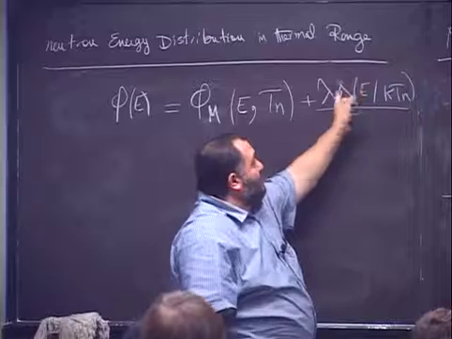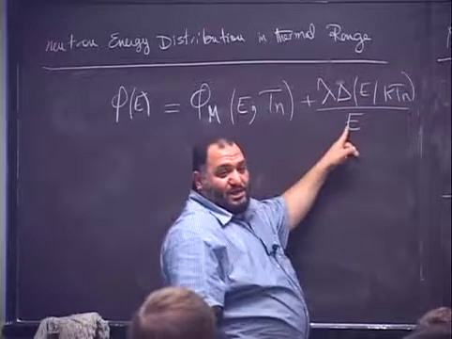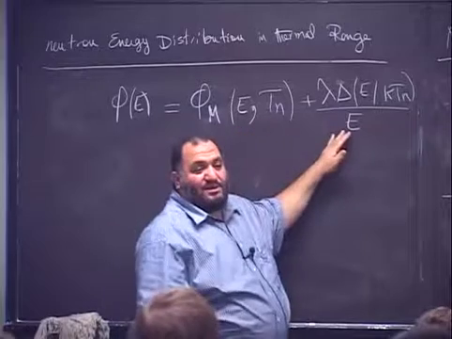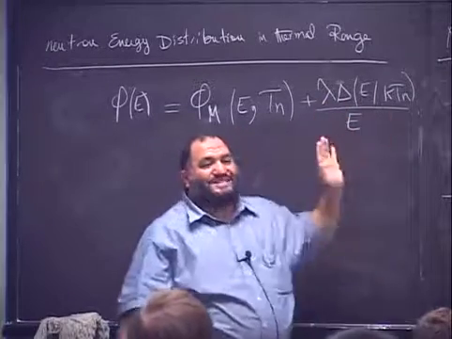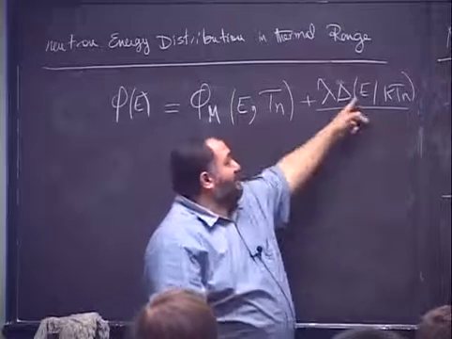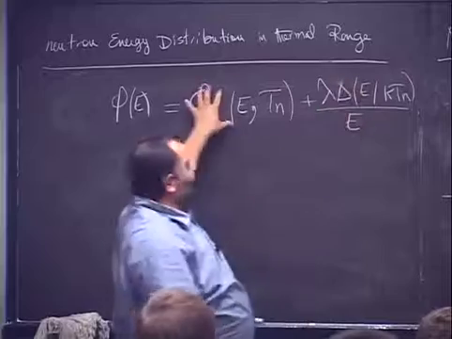So this term will be 1, and I will have lambda over E. So my Maxwellian would be modified by 1 over E after 10 kT. If this is less than 5 kT, this term is 0, and I still remain with the Maxwellian.